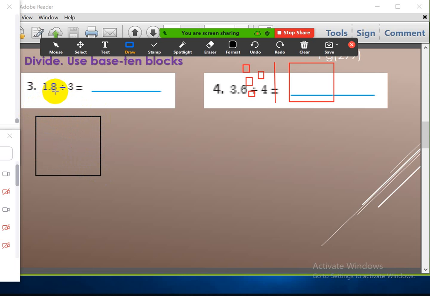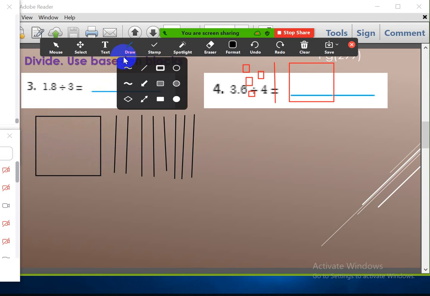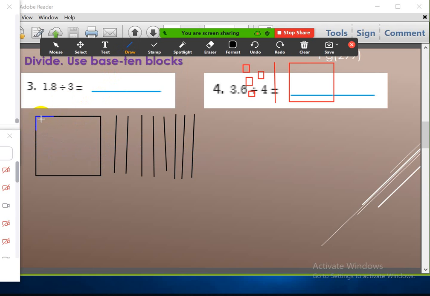Now, what about the tenths? You know that the tenths are represented with what? Longs. How many longs do I have to draw? 8. Very good. 8 longs. So 3, 4, 5, 6, 7, 8. Now, I want to divide it by 3. Must be all the same. What do I have to do with the flat, Lana?